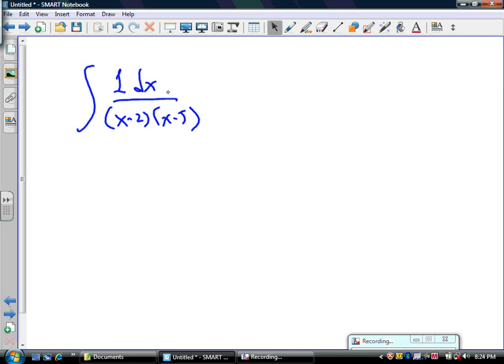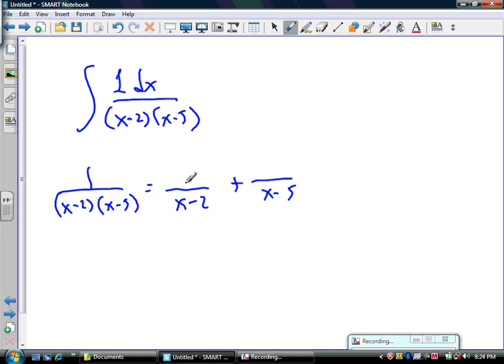All right, here we go. What you do is you don't integrate this. You break it up. Forget calculus for a second. This is algebra. Can I rewrite this fraction in a simpler manner? From linear algebra, we have this thing called partial decomposition that says, if the denominator is factorable, you can break it up as a sum of 2 fractions with those factors as denominators.